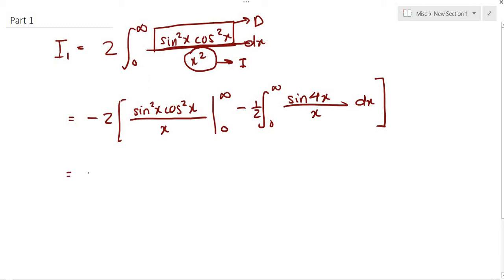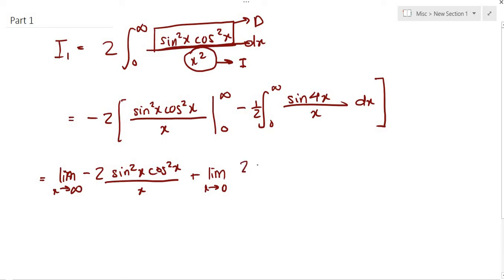Well, it's time to actually evaluate this. So negative 2 times sine squared of x times cosine squared of x divided by x. First we have the limit as x tends to infinity, and then plus, negative will make a plus, the limit as x tends to 0 of 2 times sine squared of x times cosine squared of x divided by x.